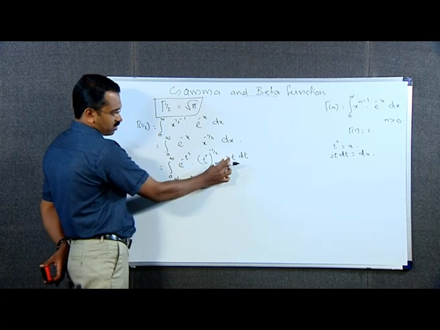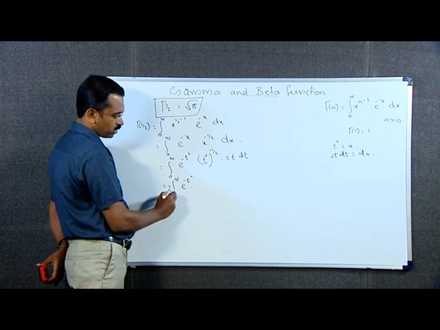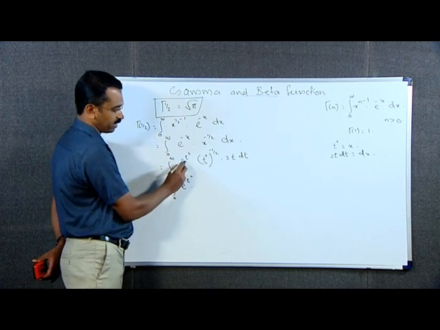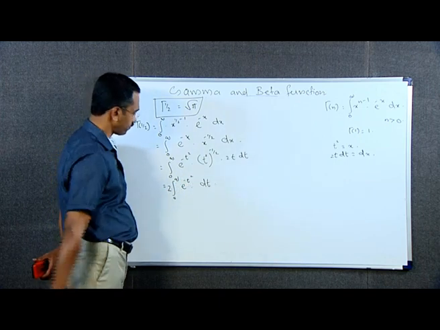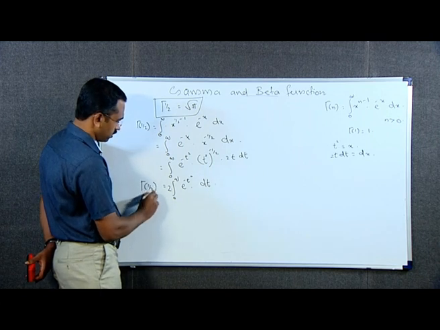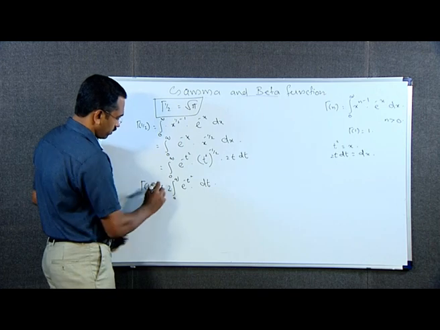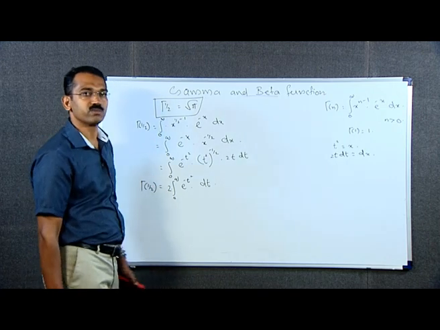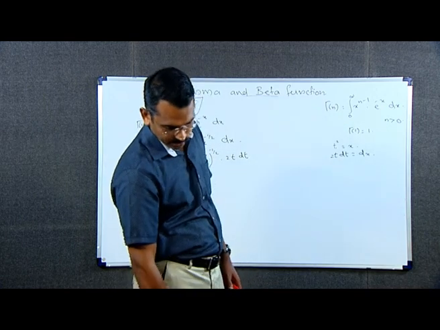Therefore, this 2 can be taken outside. So gamma 1 by 2 is equal to 2 times integral from 0 to infinity e raised to minus t square dt.